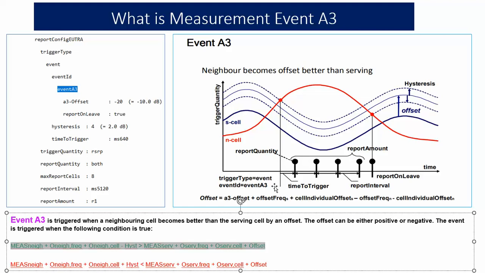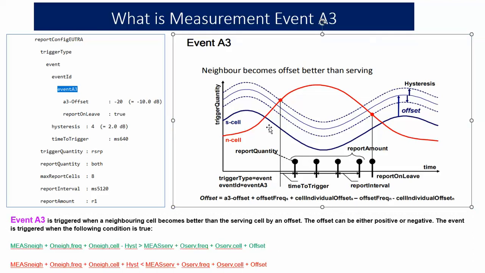and we will send a measurement report against event A3, because the offset is only defined as 10 dB, but here hysteresis also has 2 dB.